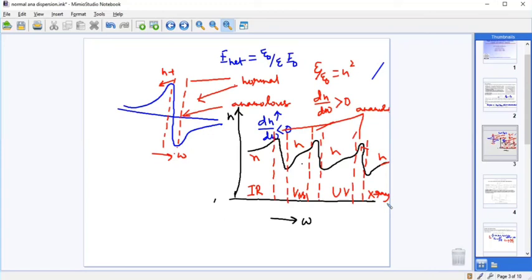So n increases with frequency except at anomalous dispersion regions, but the overall trend is a decrease in n as omega increases.